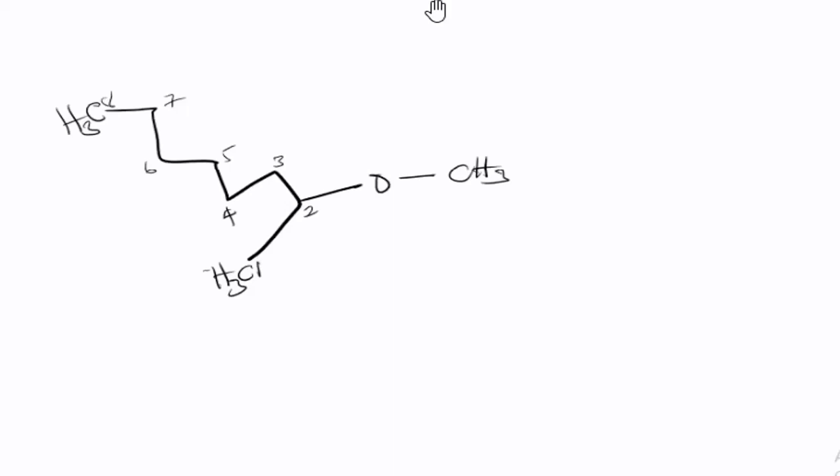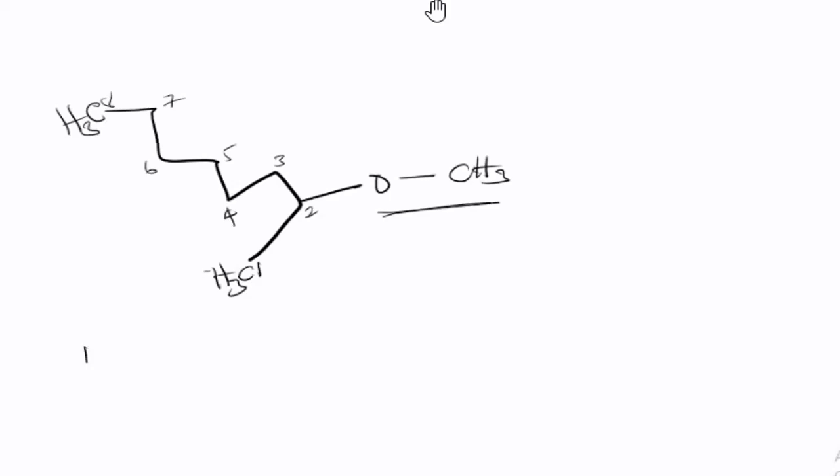So I'll simply go ahead and name this way. So this is an 8 carbon alkane, whereas I have my alkoxy group here, which is -oxy. So I'll go ahead and name this a methoxy.